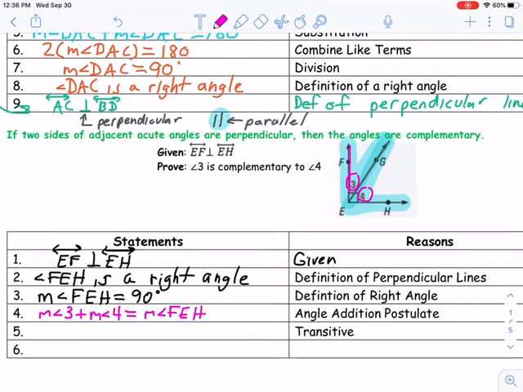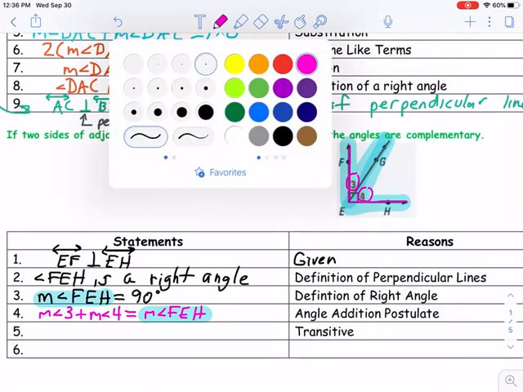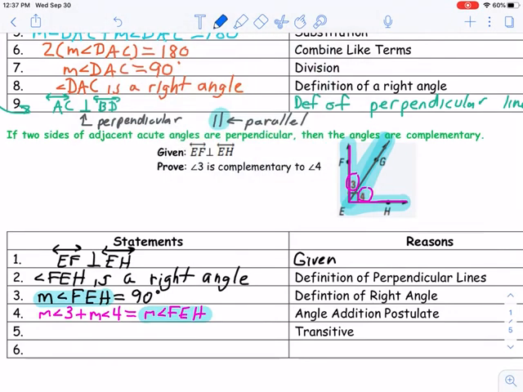So the two little angles add up to equal the bigger one, angle addition postulate. Then notice, FEH equals 90, FEH equals angle 3 plus angle 4. So measure of angle 3 plus the measure of angle 4 must equal 90 degrees by transitive. They both equal 90, so they equal each other.